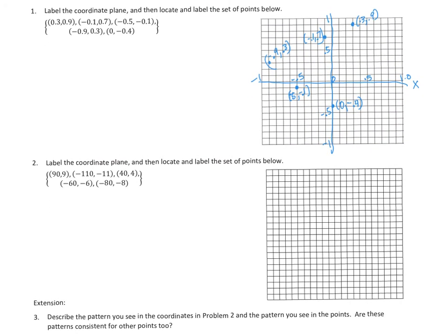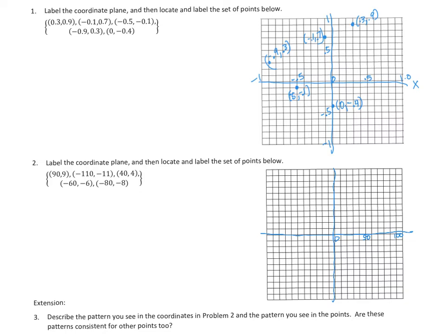Then it looks like I need to label this coordinate plane, so let's just go ahead and do my best on drawing straight lines without a ruler. And look at that, 90. So it looks like I may be counting by tens, do you think? We'll start with 0, 10, 20, 30, 40, 50, 60, 70, 80, 90, 100.